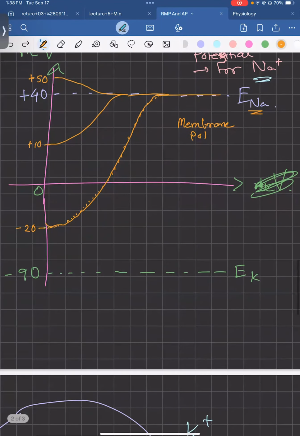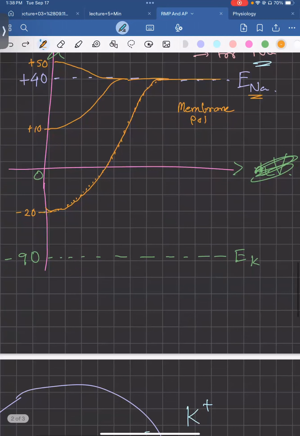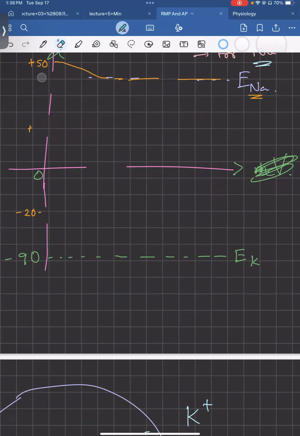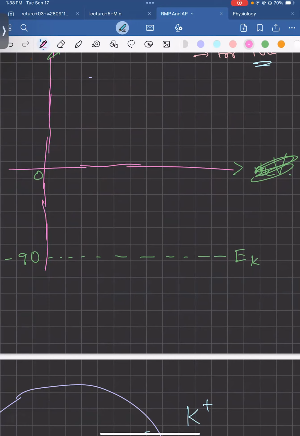A similar thing is going to happen for potassium. If we have a universe with only potassium, then what happens? Let's say I, for some reason, held the membrane potential at plus 20.